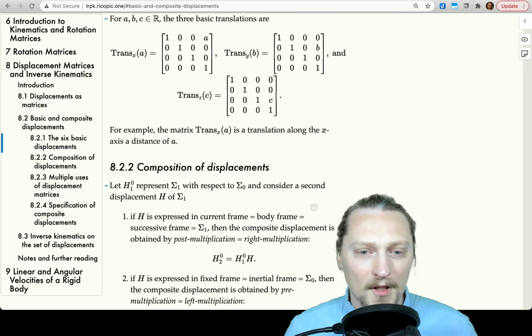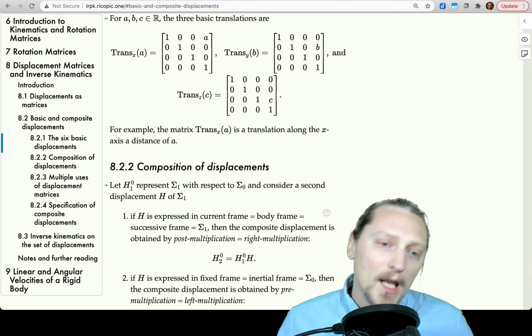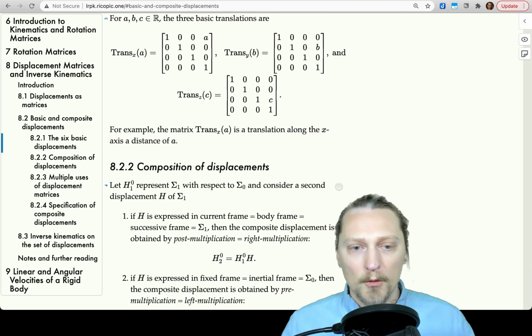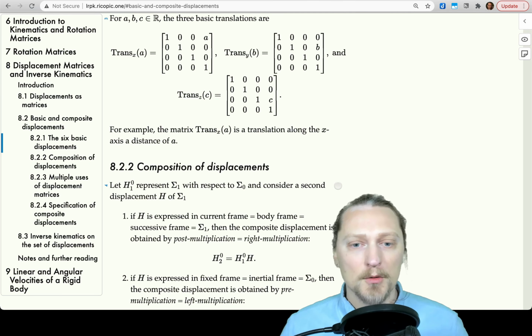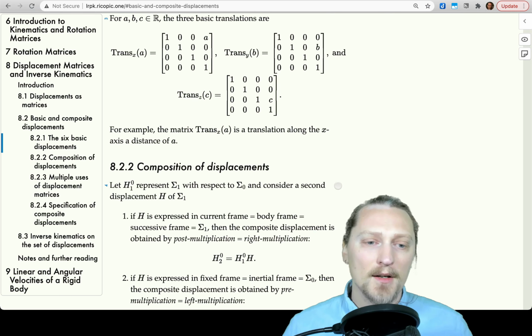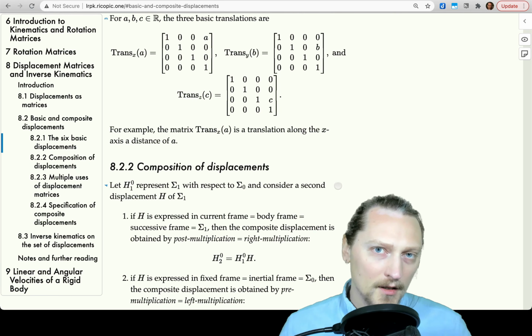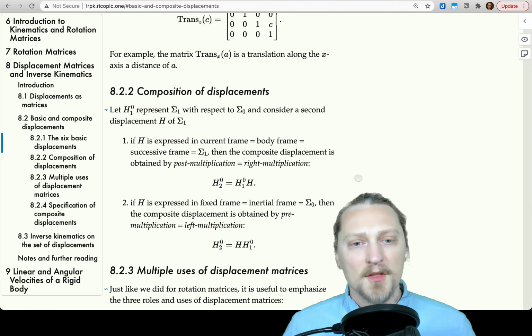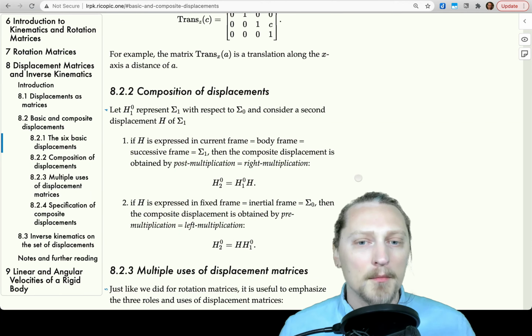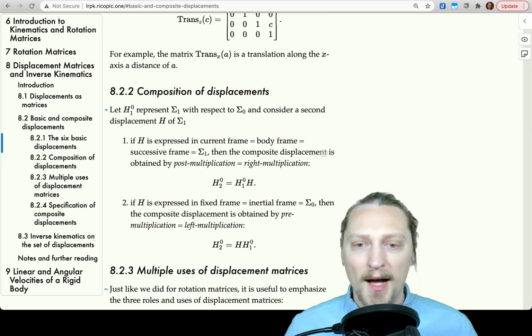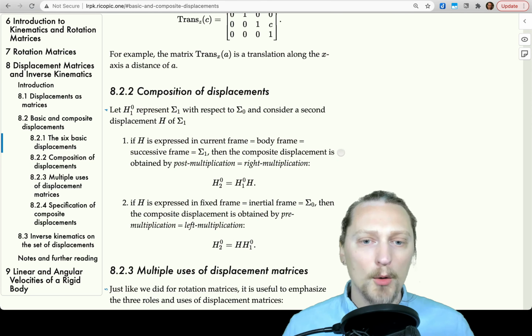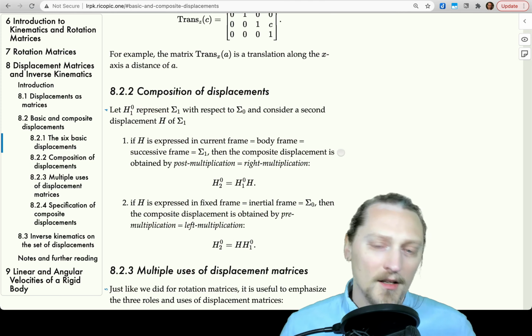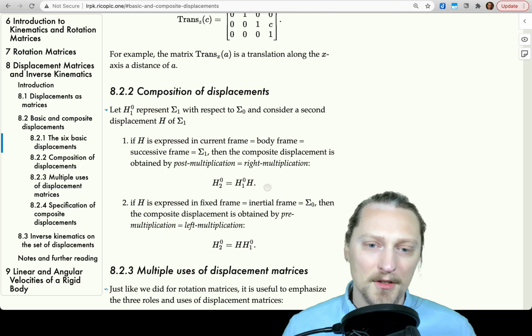Okay. Composition of displacements. Let H1,0 represent sigma 1 with respect to sigma 0, and consider a second displacement H of sigma 1. If H is expressed in the current frame, body frame, successive frame, sigma 1, then the composite displacement is obtained by post-multiplication, also known as right multiplication.